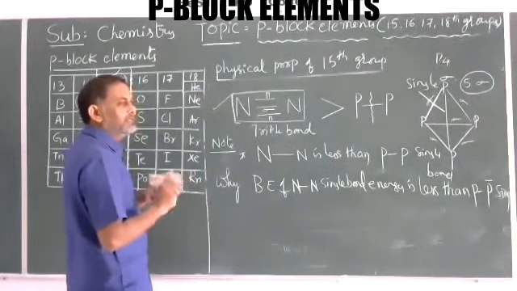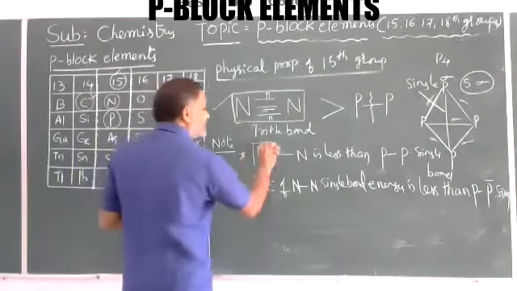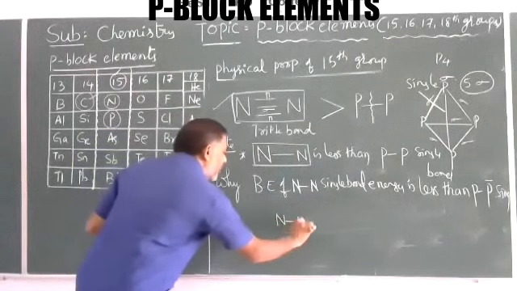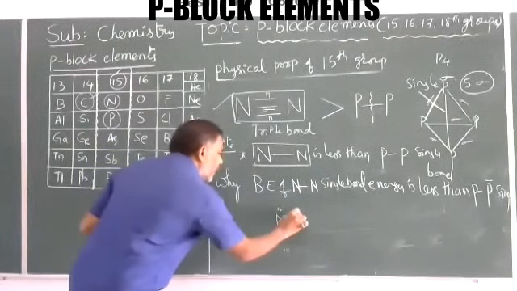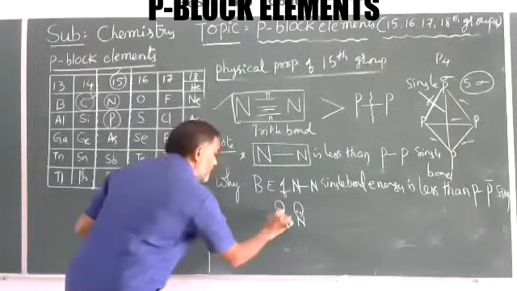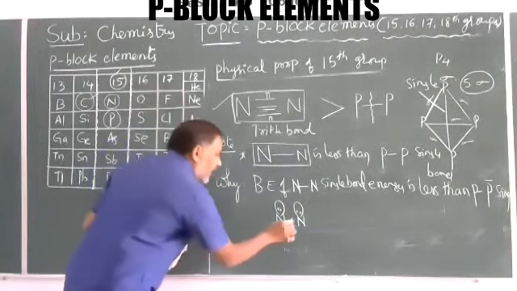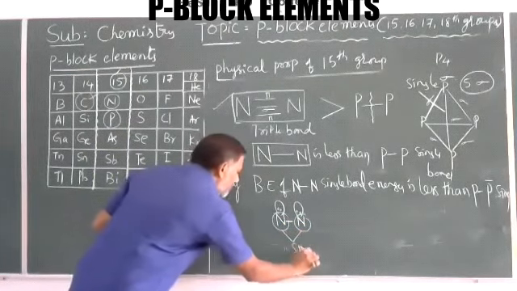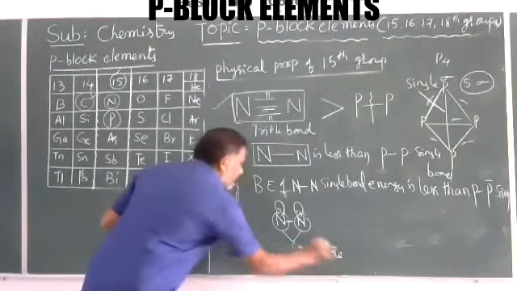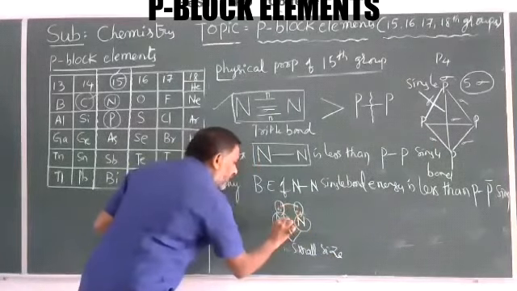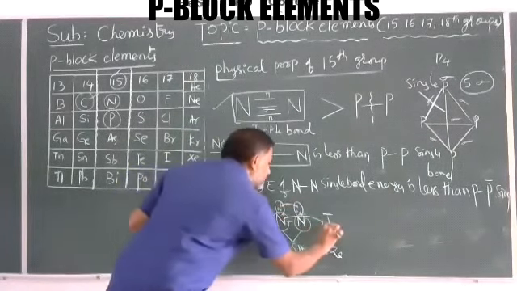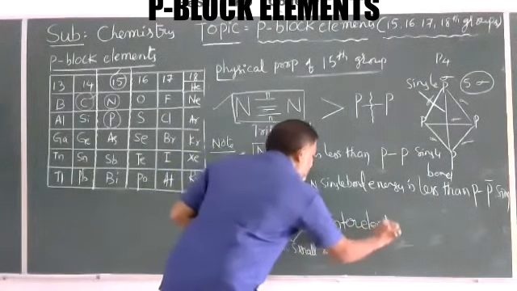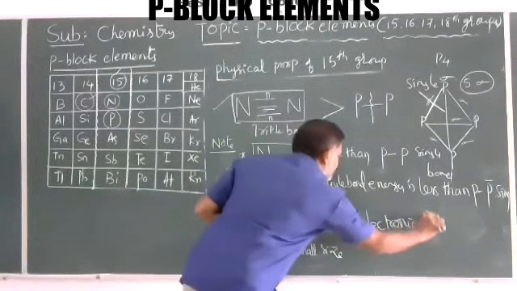The reason is that between nitrogen single bonds, due to the presence of small size and the presence of lone pairs, inter-electronic repulsion takes place between the lone pairs.